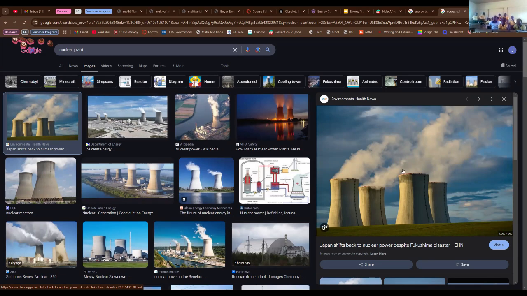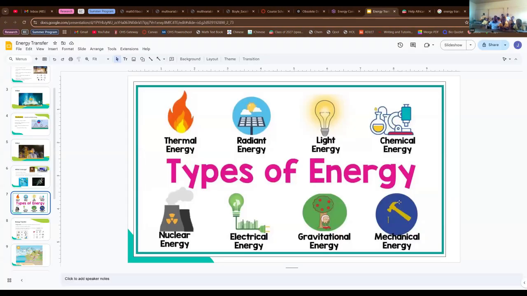Inside these large plants, they have stored compounds that break down and produce energy. But we will not get into too much detail. Just know that it is a type of energy that is stored in a certain object.